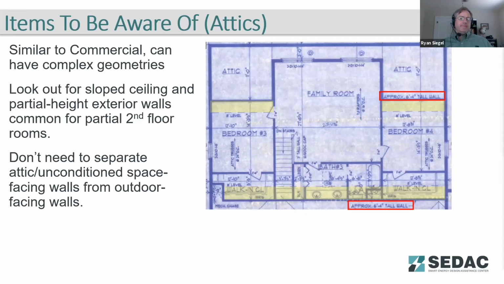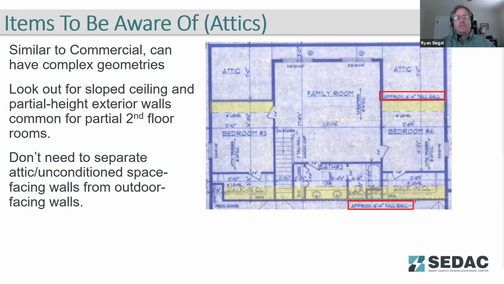Again, noting here, with attics you need to be very cognizant, particularly if you have complex geometries. Dormers would be an excellent example of these more complex geometries. Is it just a fully conditioned attic, or is that attic outside of your thermal envelope?